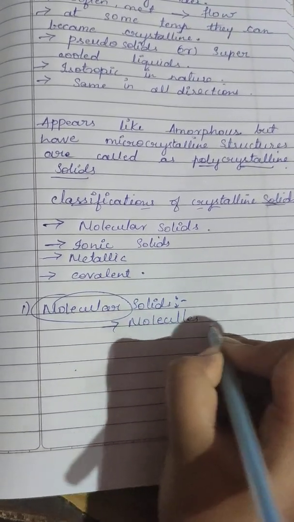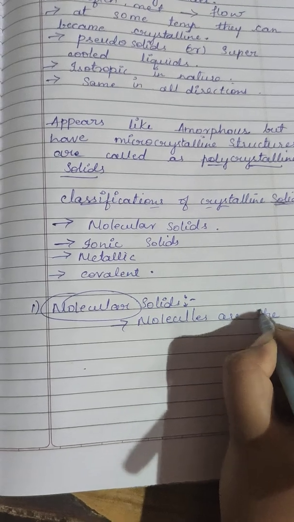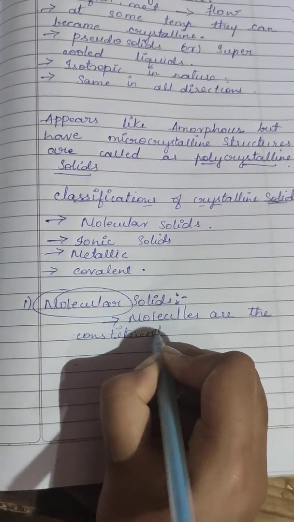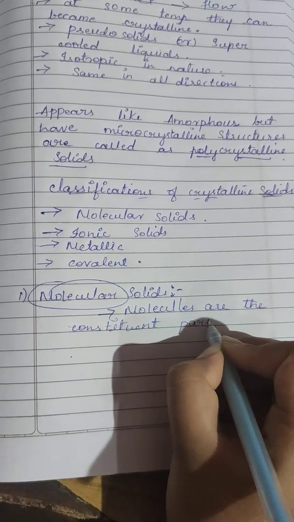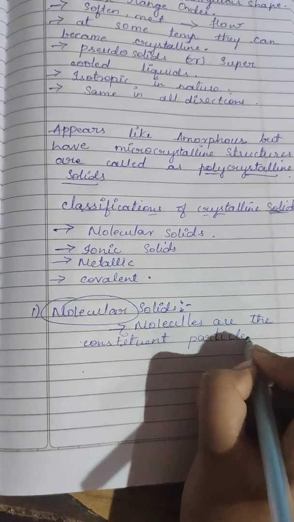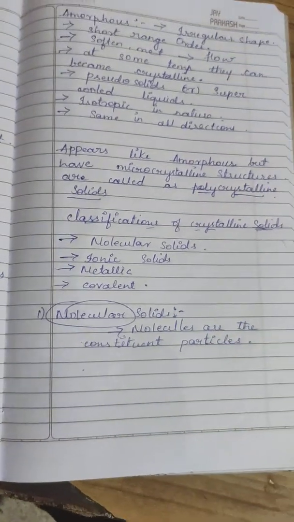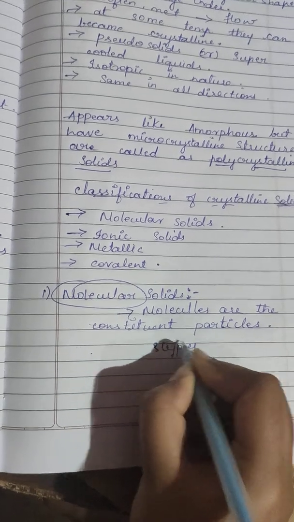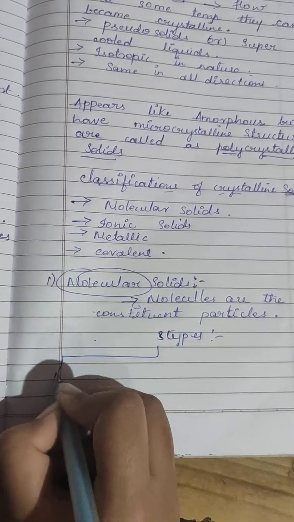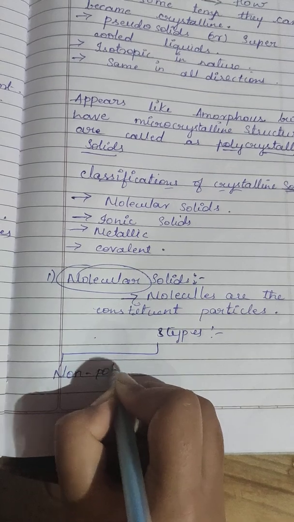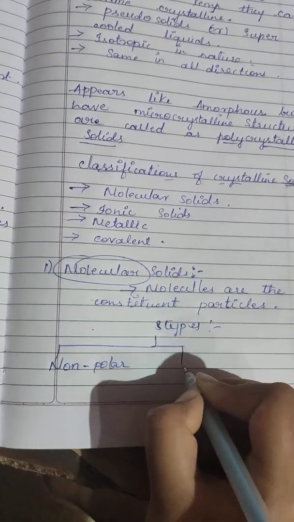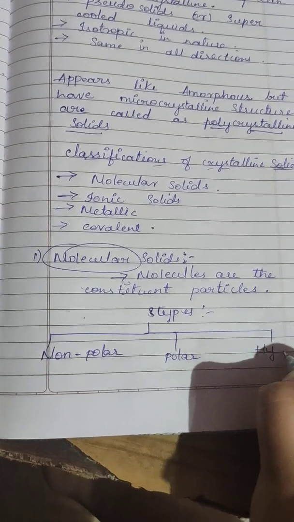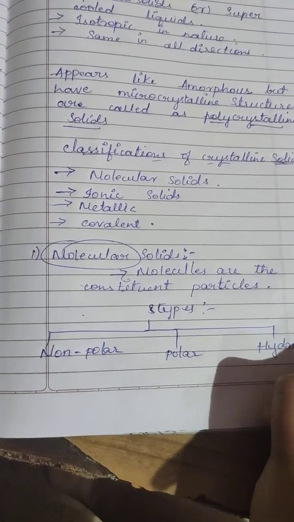And these molecular solids are later divided into 3 types, namely non-polar, polar, and hydrogen bond.